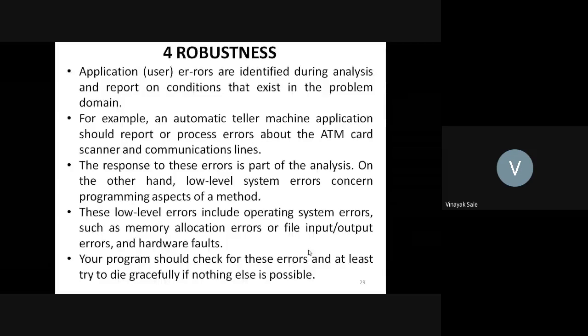On the other hand, low-level system errors concern programming aspects of a method. These low-level errors include operating system errors such as memory allocation errors or file input-output errors, and hardware faults.